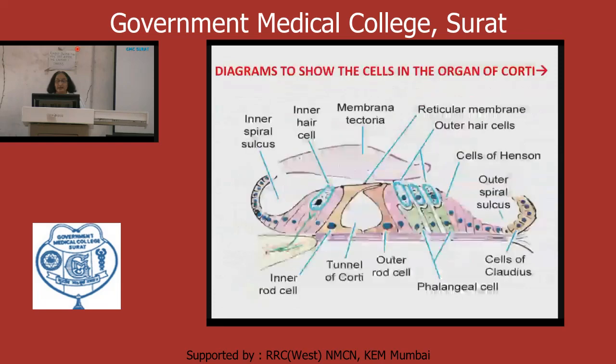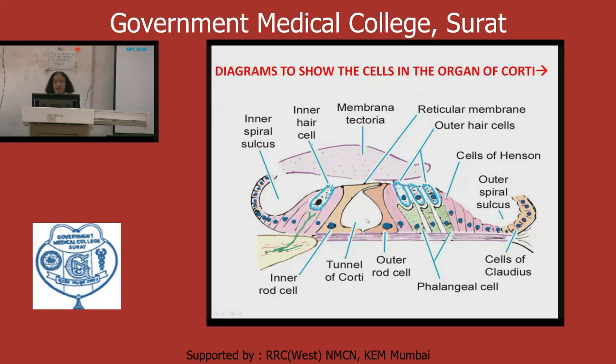More important is the tunnel of Corti, which lies between the inner rod cells and outer rod cells. Then the inner hair cells are in one row, and the outer hair cells in 3 rows, not supported directly by the basilar membrane but by the phalangeal cells, and here by the tall columnar cells, the inner spiral sulcus, as you can see. Now the membrana tectoria, and outer to it the cells of Hensen and cells of Claudius.